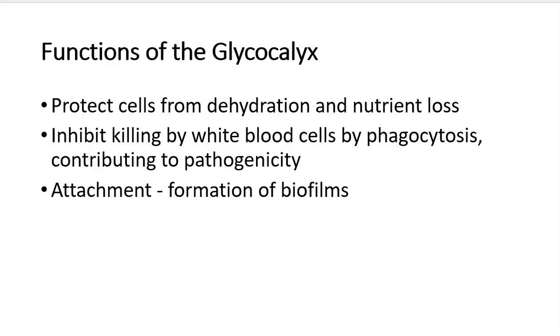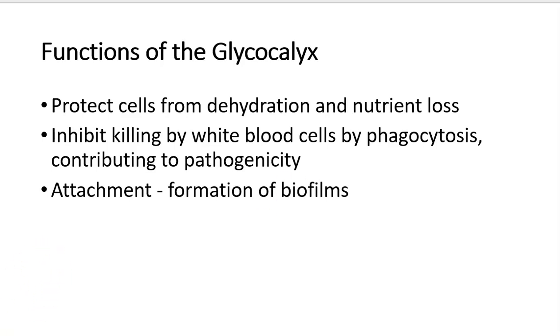Well, as soon as you wrap your hands around that watermelon, it's squirting somewhere else. That's exactly what a slime layer does. It makes it very difficult for a phagocyte to get this bacteria because it just slips right through. So it does inhibit this killing, which makes it more pathogenic.